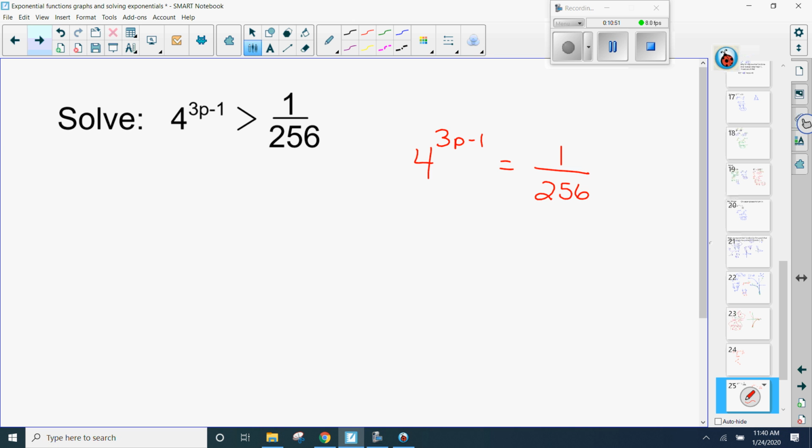Can you solve this in red? That's a good assumption. I see what you're saying there. Okay, so what do I want to do? 256. 4 to what power?